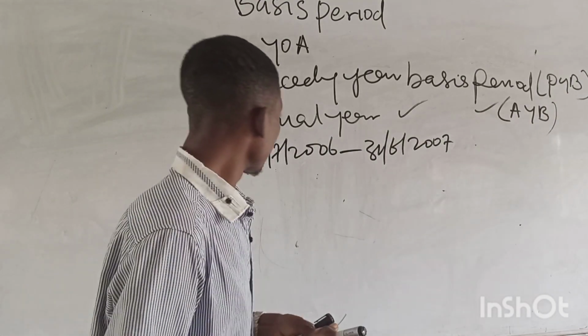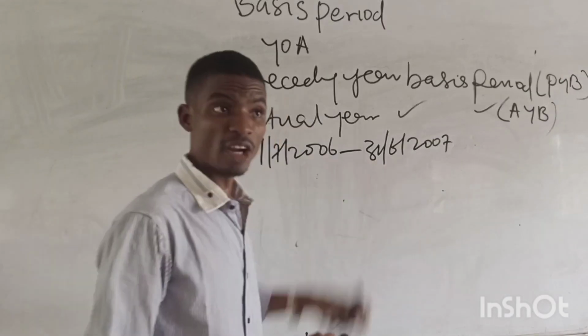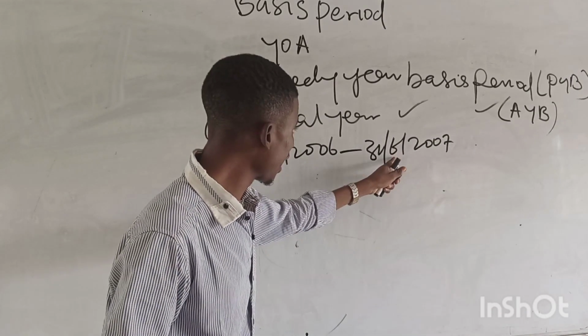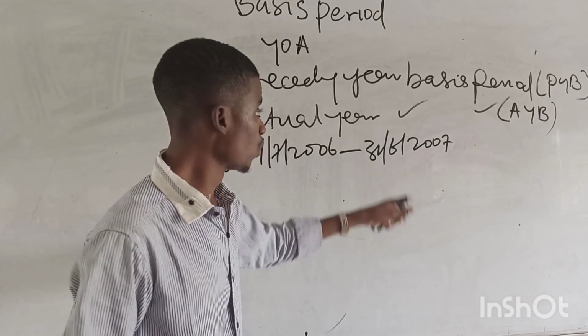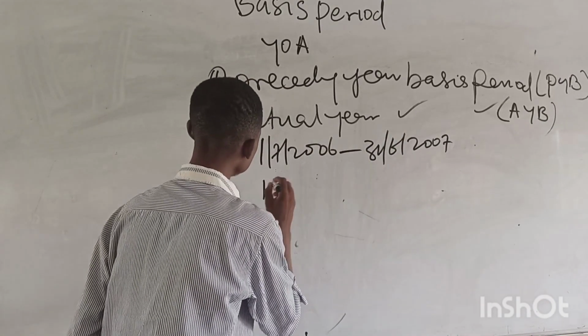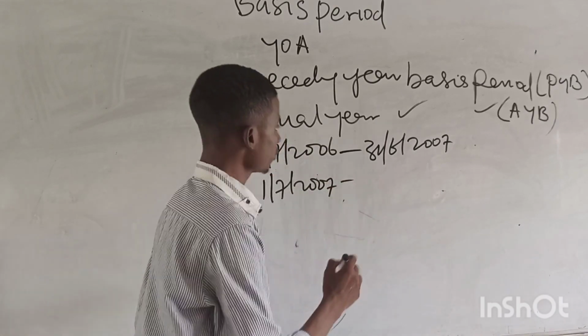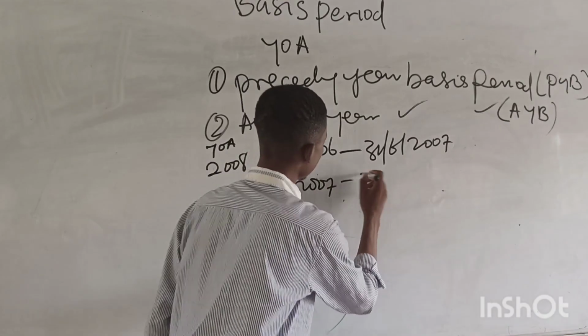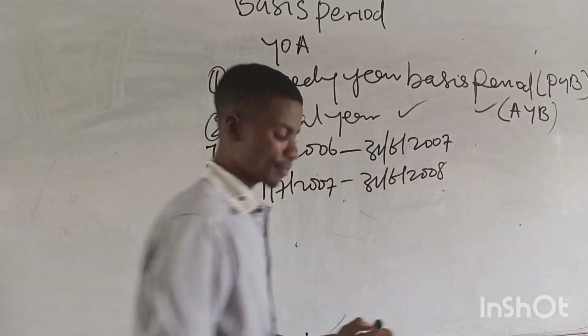So for the second year now, the basis period is going to start a day after the ending of this June, which is going to be still 1st July 2007. The next 12 months will still be 31st June 2008.